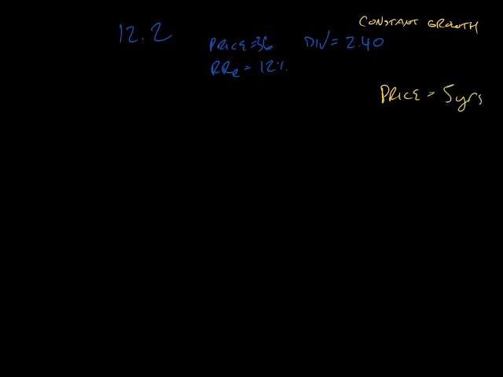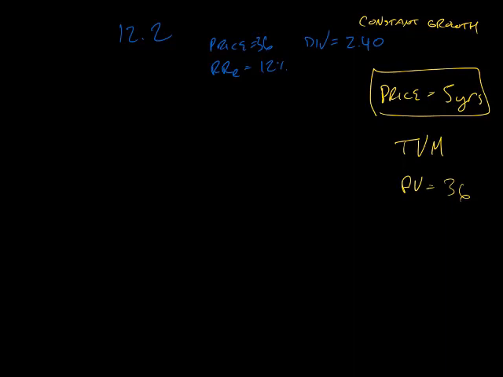Right there, that tells me we've got something going on with time value of money. So when we do our time value of money calculations, you know that you're going to need to set up some things. You're going to have a present value. Do we know the present value? Well, we do, 36.